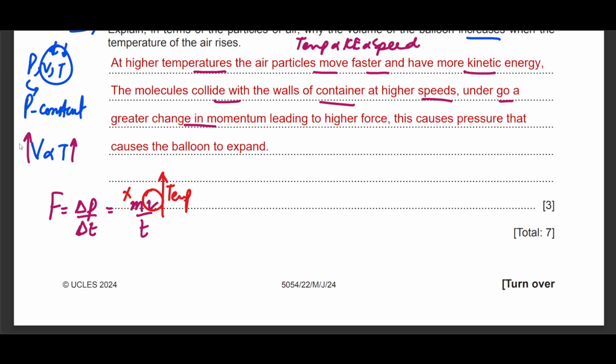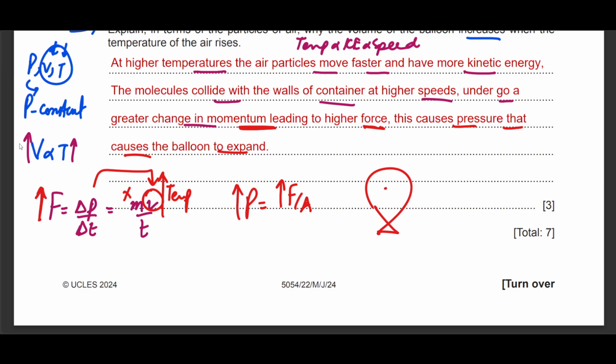Now, since the velocity is increased, the change in momentum is higher, which causes a higher force. You see, P equals F over A, so higher force causes higher pressure. This is what causes the balloon to expand. Now, let's say if this is the balloon, the pressure inside increases and the pressure on the outside, which is from the atmosphere, is roughly constant.